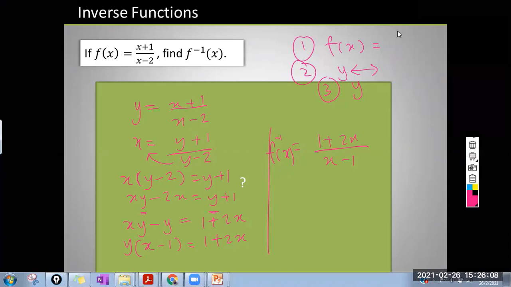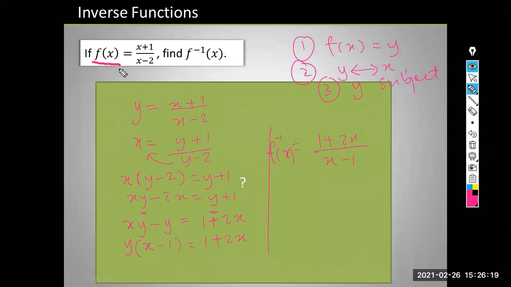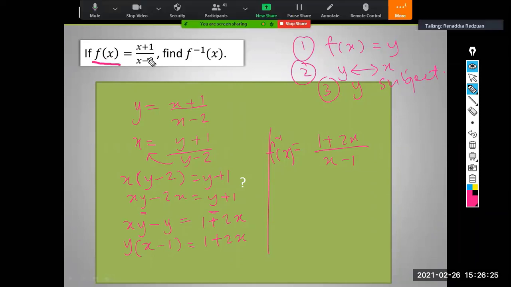Last answer must be in terms of x. If I put y, then no mark, minus 1. Because your original question is f(x), right? We are finding inverse of f(x). We are not finding inverse of f(y).